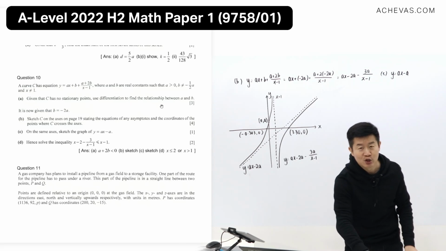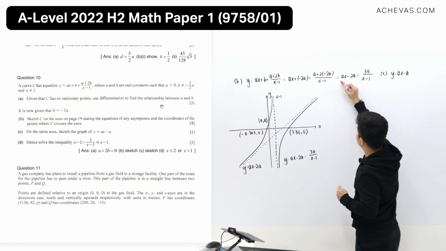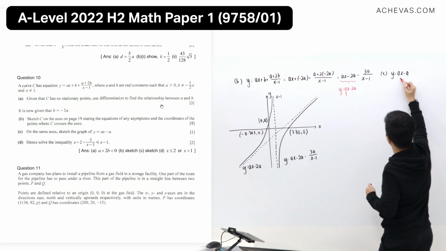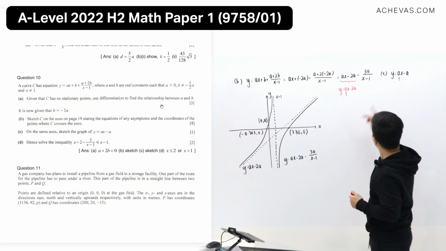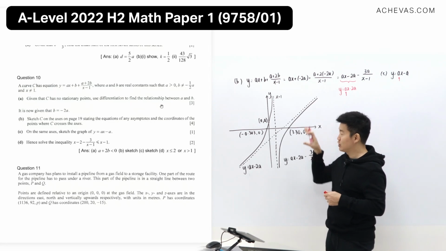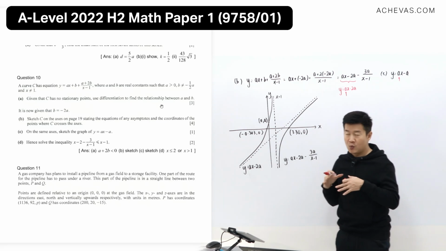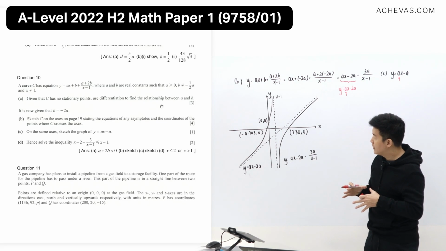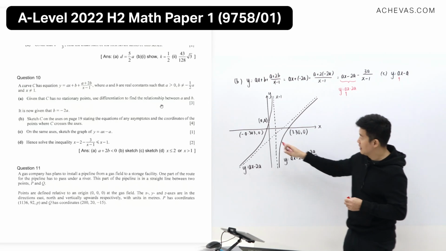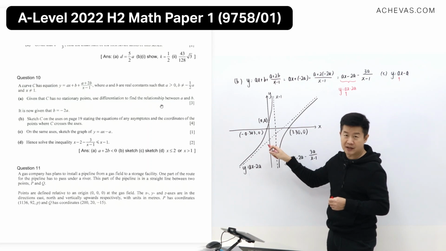One thing that we should be able to observe is that the oblique asymptote, y is equal to ax minus 2a, shares the same gradient as this line, which means that the line we are supposed to be sketching here is going to be parallel to the oblique asymptote. We will also need to find out whether this line is going to be above or below this oblique asymptote.